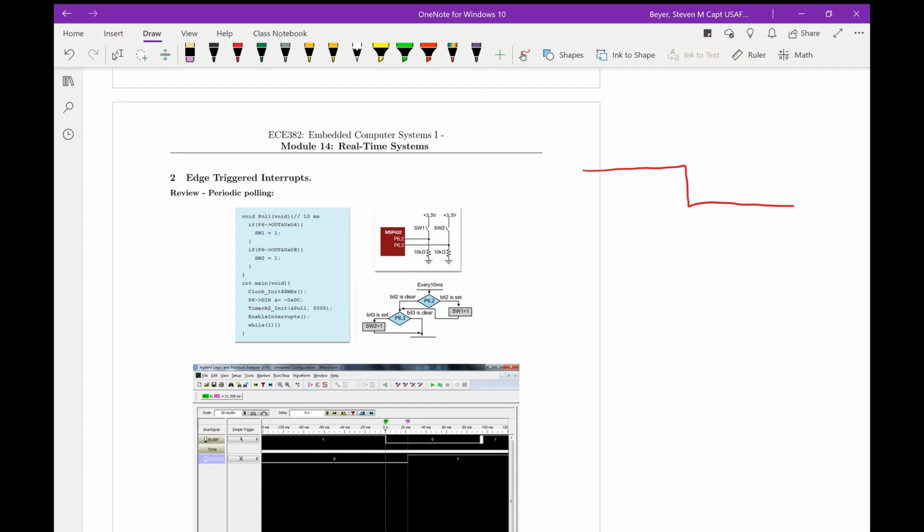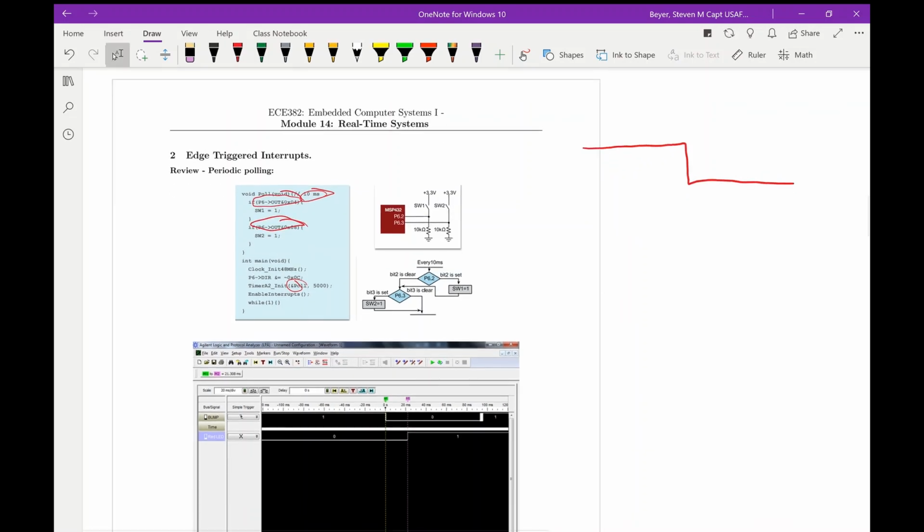But let's talk about periodic polling. This is what we've done now with Timer A1 and SysTick. Basically at a rate of every 10 milliseconds, we're going to stop and run the poll function. That function is going to look at the two pins and see what's going on.